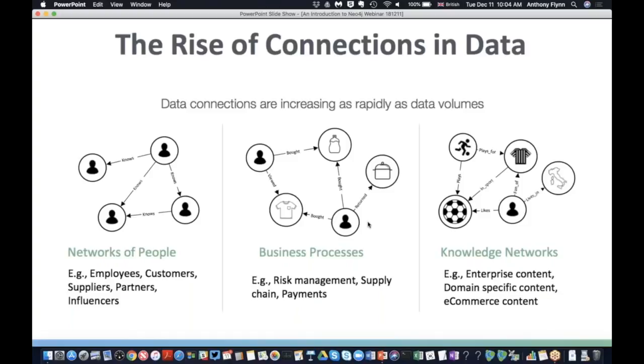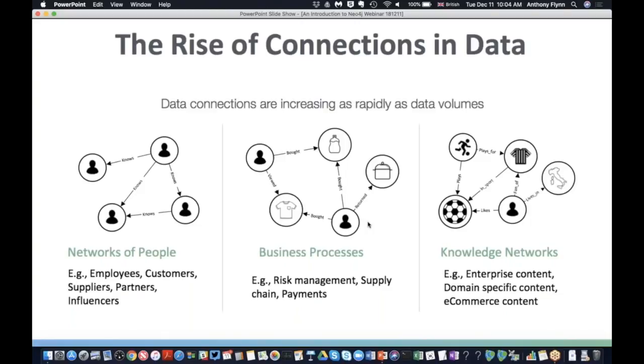Increasingly, our customers are using Neo4j also to model their internal business processes. So they're needing to understand the dependencies between different parts of the business, between different activities. And that ties into things like risk management and supply chain, increasingly as well, payments and fraud detection.